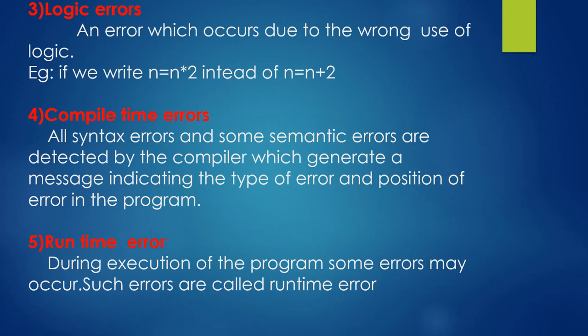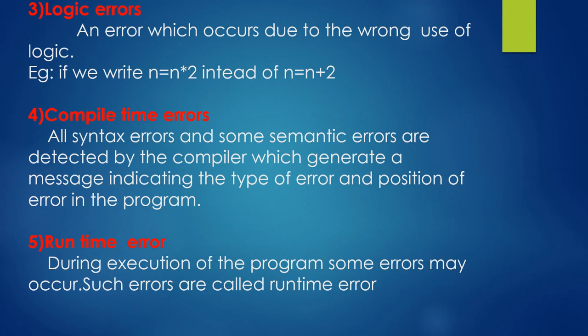For example, you need to find the product of two numbers. Then, product is equal to a into b. If you write product is equal to a plus b, what will happen? It will give some result, but that result will be wrong. For example, if we give 4 and 3 as a and b, then we need to get the output 12.